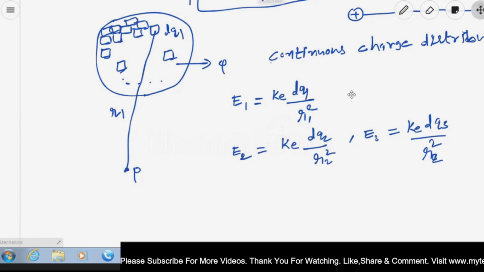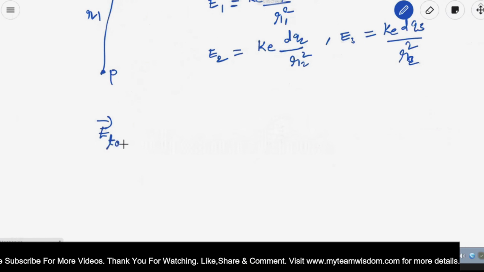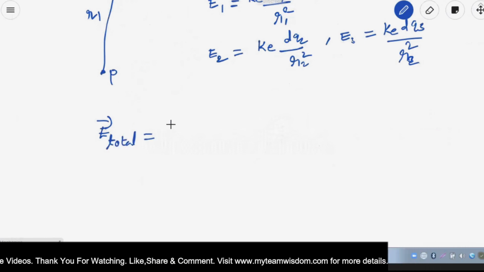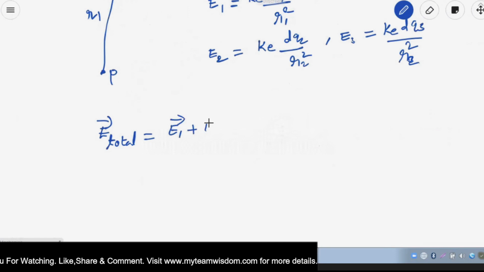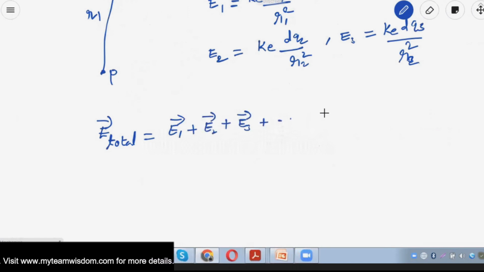If I write the total electric field, E total is equal to E1 bar plus E2 bar plus E3 bar and so on.